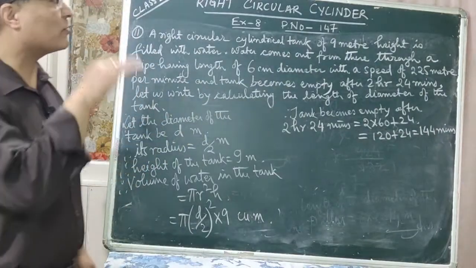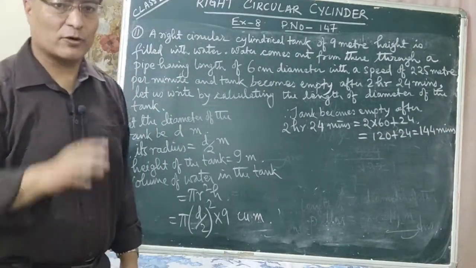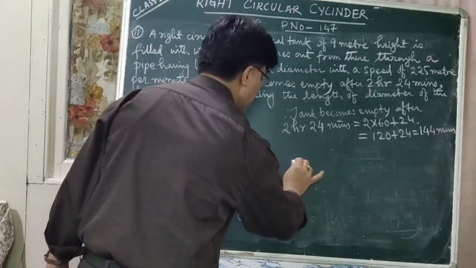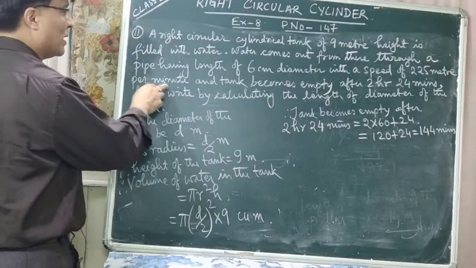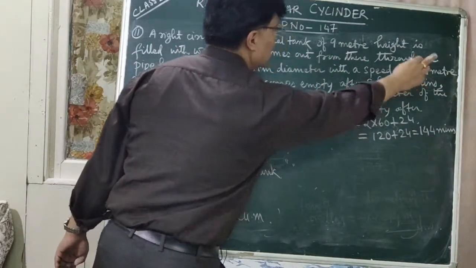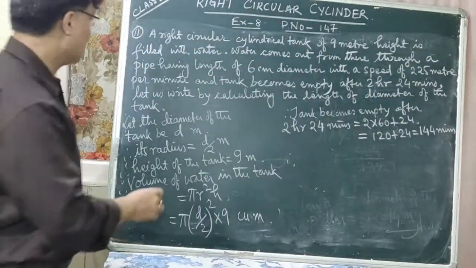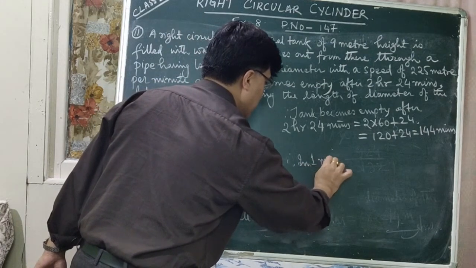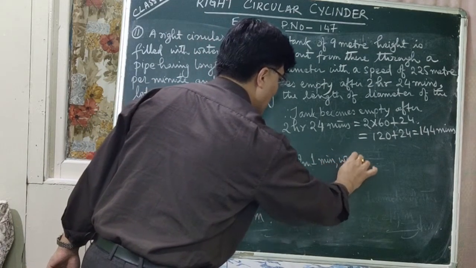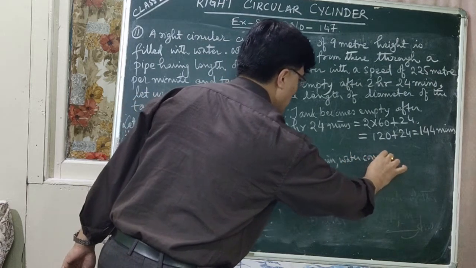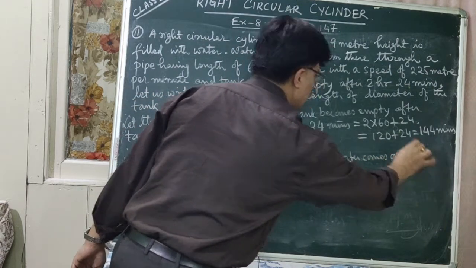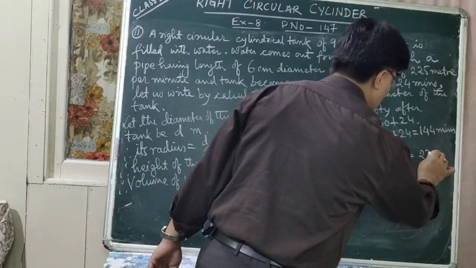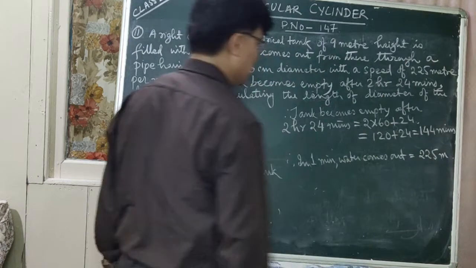So we need to find how many meters of water come out in 1 minute. The question has given that in 1 minute water comes out is equal to 225 meter, right? So in 1 minute water comes out is equal to how much is given in the question? 225 meter, right?